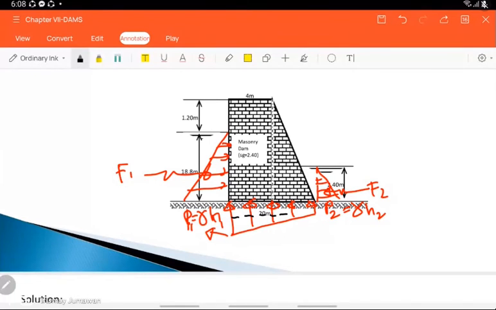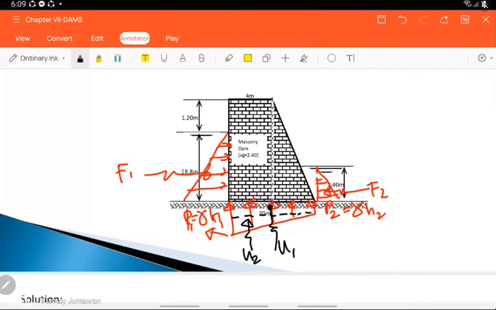Otherwise, if we divide it, it is easier for us to determine. It is easier for us to know the location of the gravity of the rectangular section. So that is at the center. So maybe you can say that is your U1. And for the triangle, you can say also that is the U2. That is uplift pressure 2.